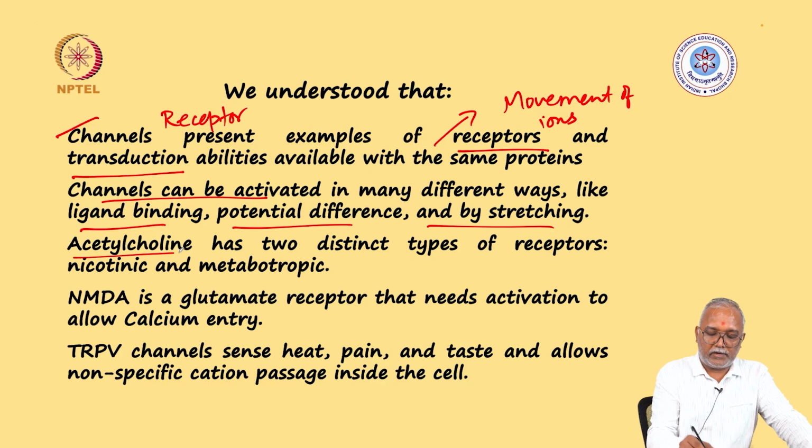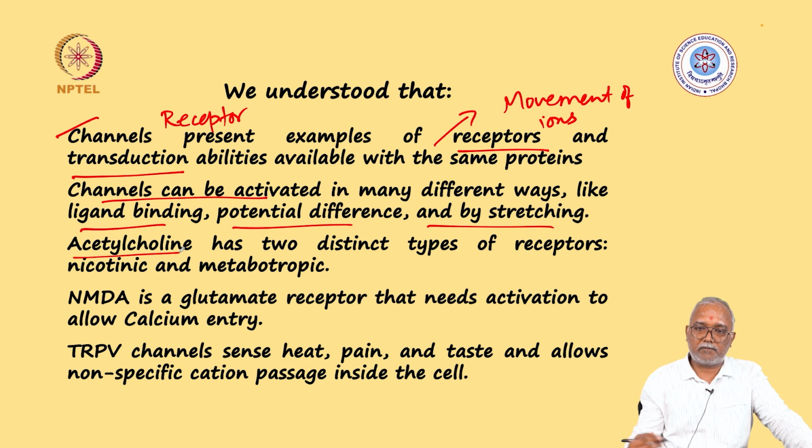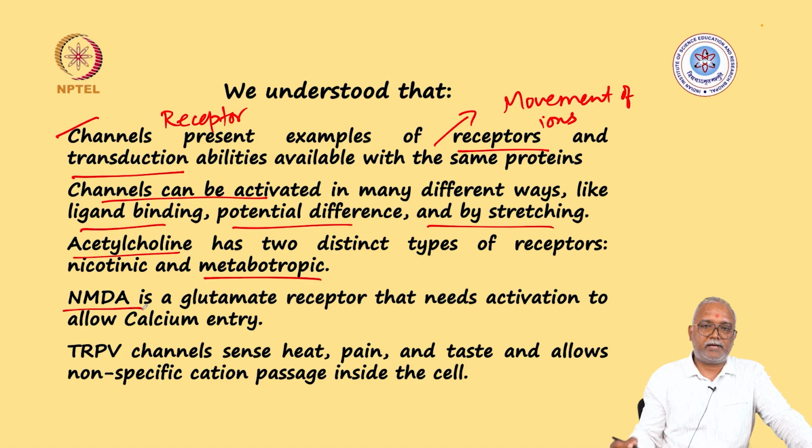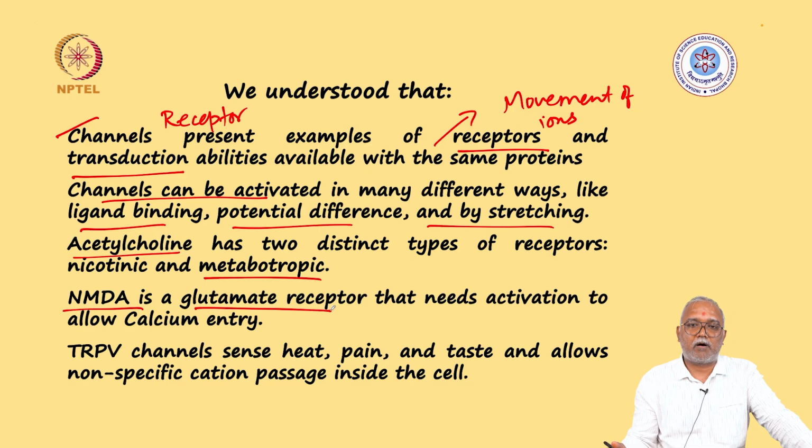We saw for acetylcholine, there is a receptor which is channel type and allows the movement of ions directly, or one involving a GPCR which utilizes a next molecule serving the signal transduction function. We saw the example of the NMDA receptor, a glutamate receptor, which allowed the movement of ions inside, and it required binding of not just glutamate but also glycine or serine.